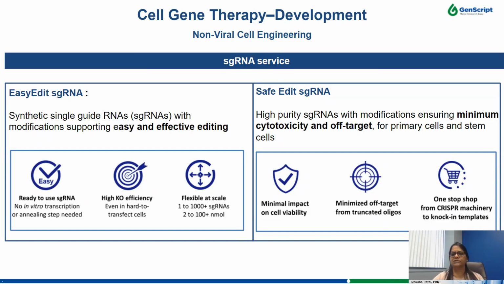So this service line is ideal for gene therapy applications as well as using CRISPR in animal models. And the main benefit of our safe gene editing is high purity sgRNA with modification, ensuring minimum cytotoxicity and off-target effects for primary cells and stem cells.